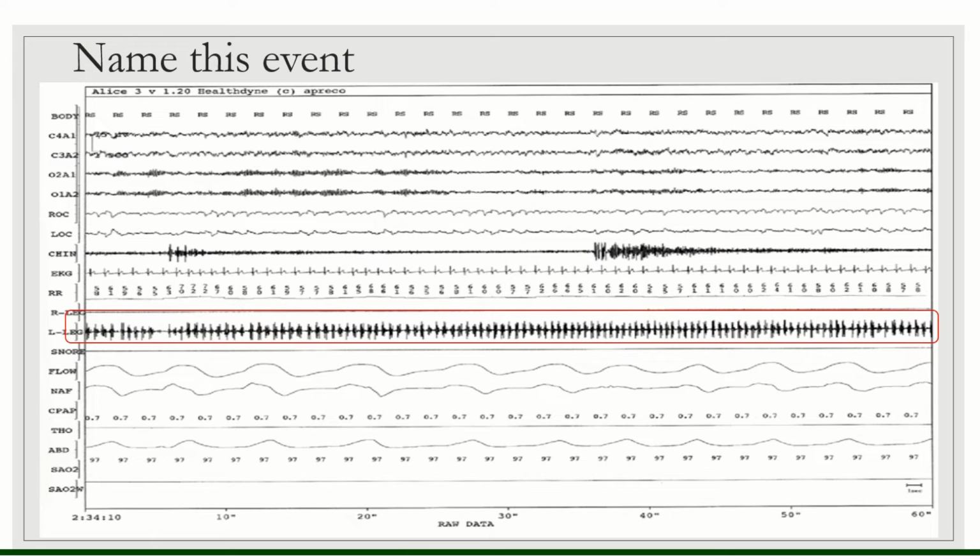All right, so name this event. Look at the red, what we have going on in the left leg. Name this event. Hypnagogic foot tremor. A foot tremor is like twitching. It's almost like your foot is twitching or shaking.